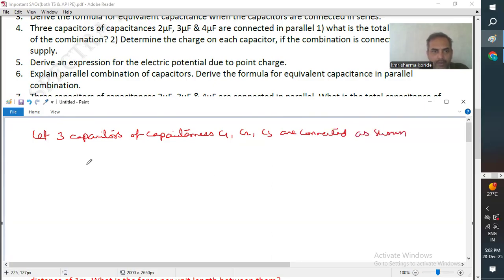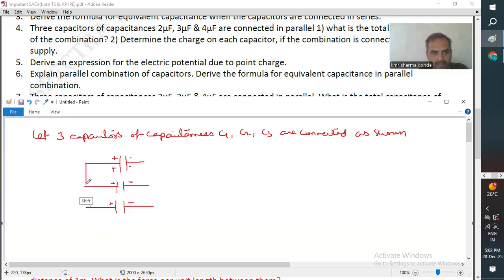How? Let us say this is the positive plate and this is the negative plate of the first capacitor. Similarly, positive and negative plates of the second capacitor. Next, positive and negative plates of the third capacitor.